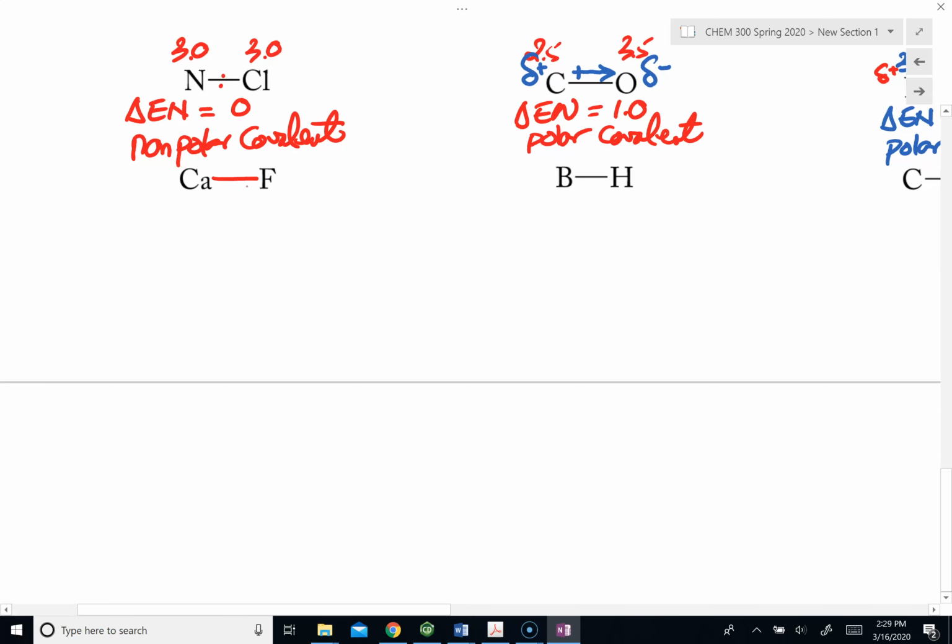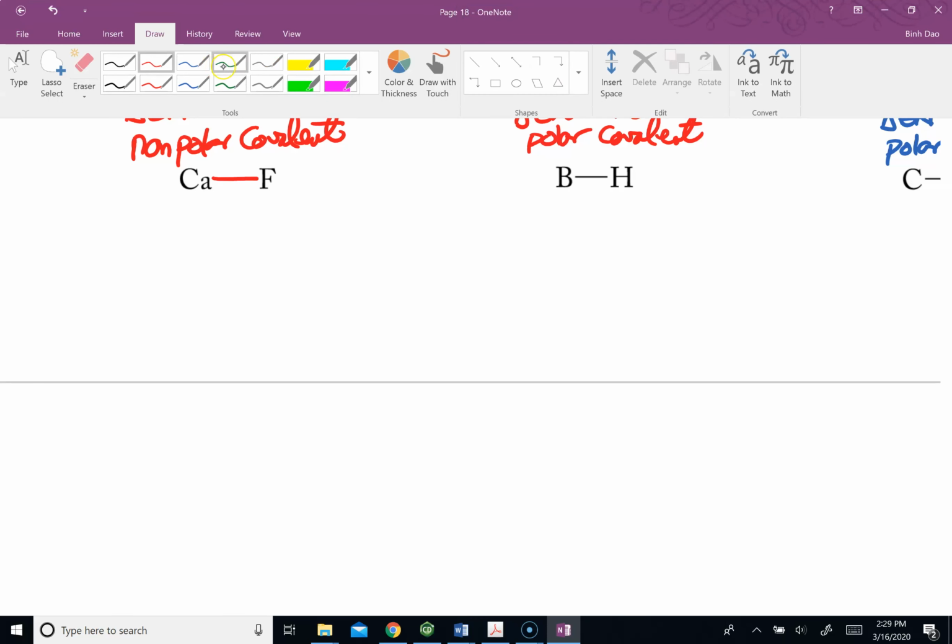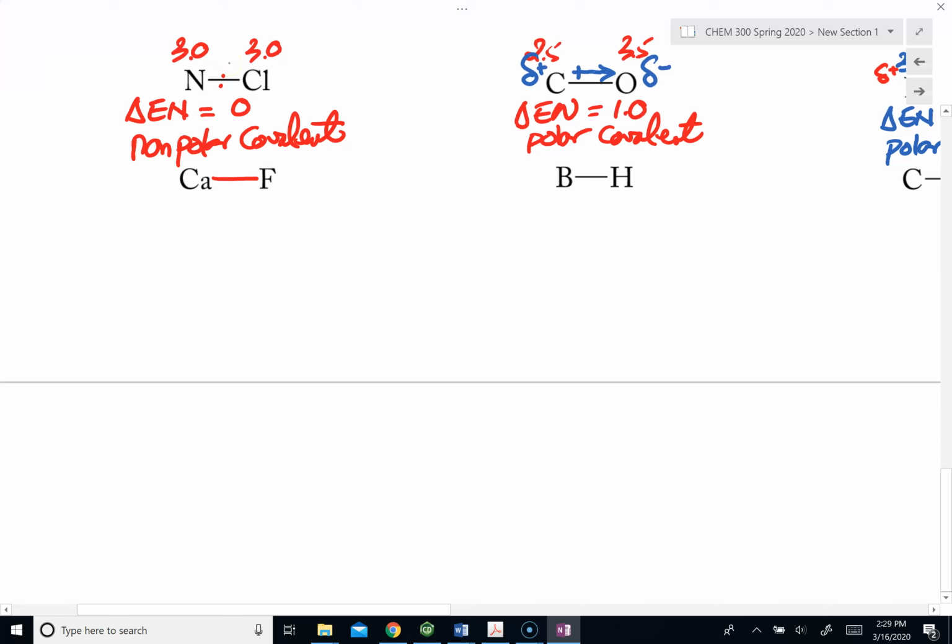Why? If we look at the difference in electronegativity, calcium on our table has an electronegativity of 1.0, and for fluorine, 4.0. So the difference in electronegativity between these two atoms is 3.0, which is very, very high, meaning that this bond is almost ionic.